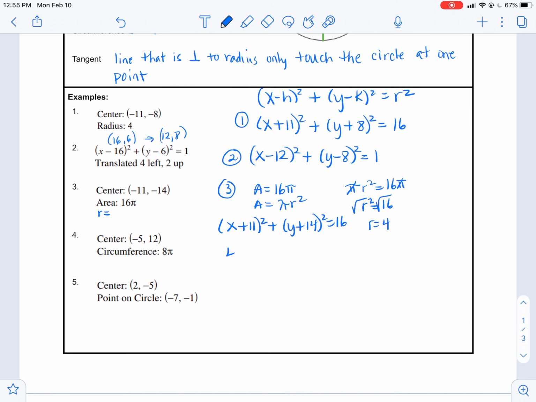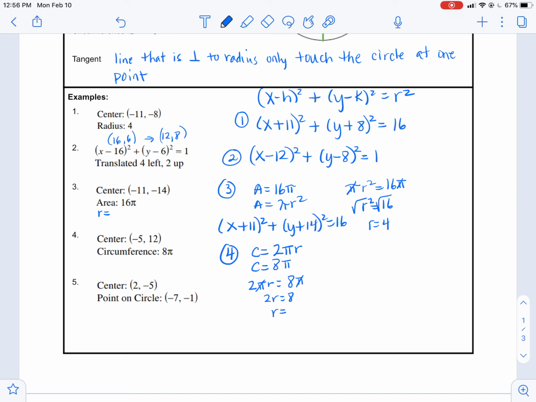Number 4. Now the difference here is that you're given the circumference. So remember, circumference is 2 pi r. We know that the answer is 8 pi. So 2 pi r equals 8 pi. Your pi's are going to cancel. 2r equals 8.